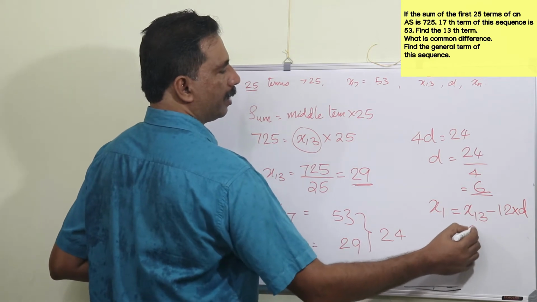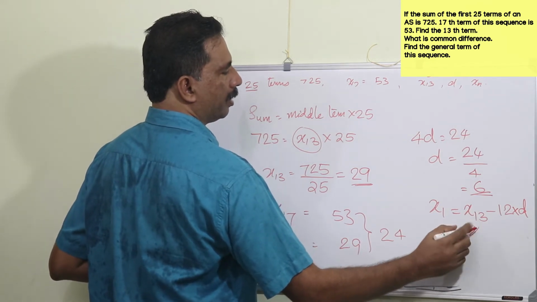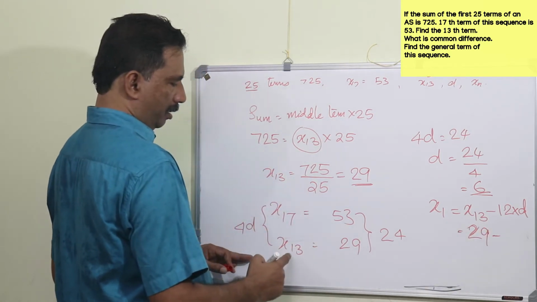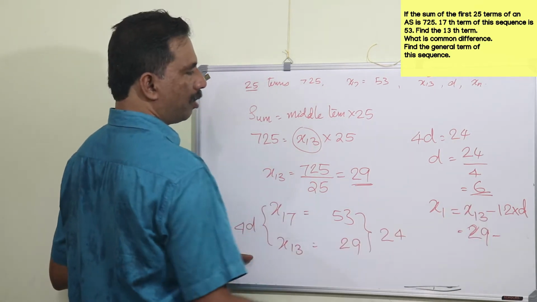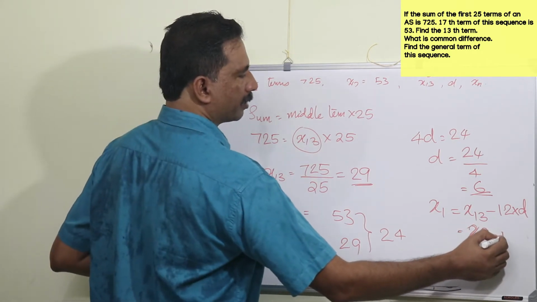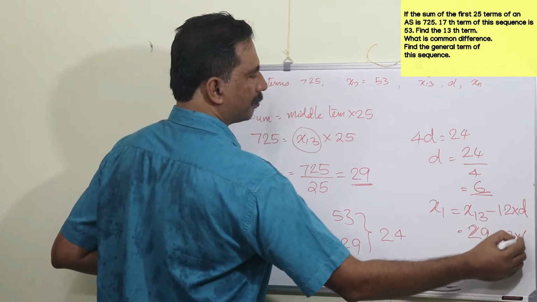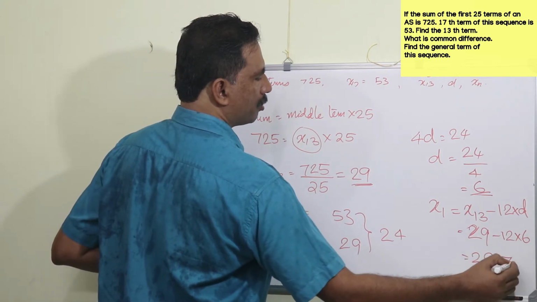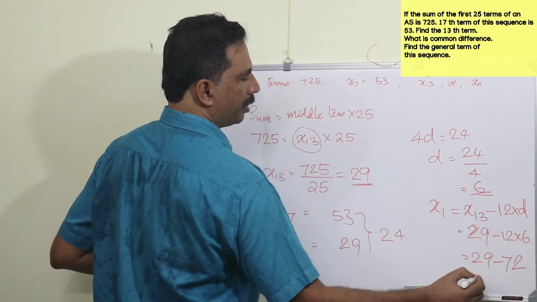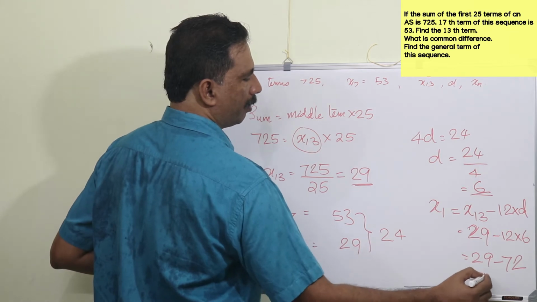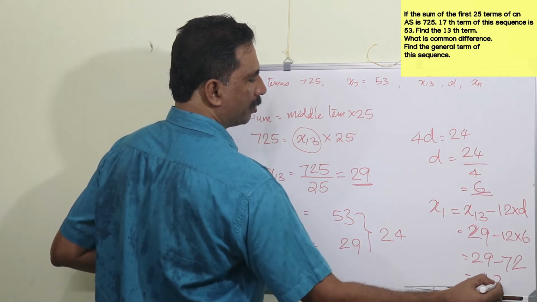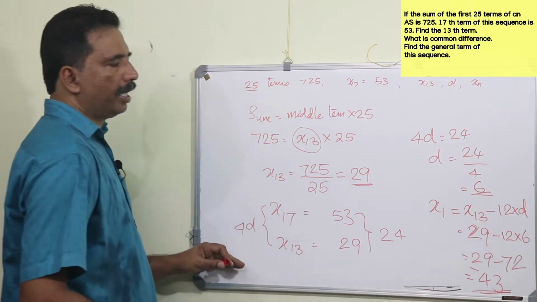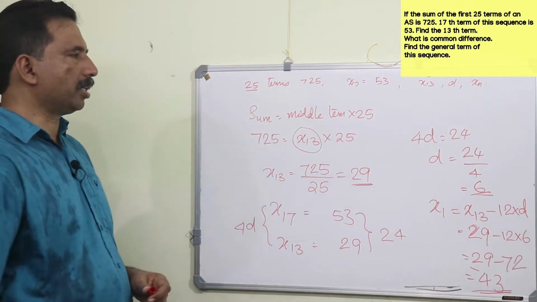Then what is it? x13 is 29 minus 12D, 12 into 6. That means 29 minus 72. What is it? It is x1 is equal to minus 43.